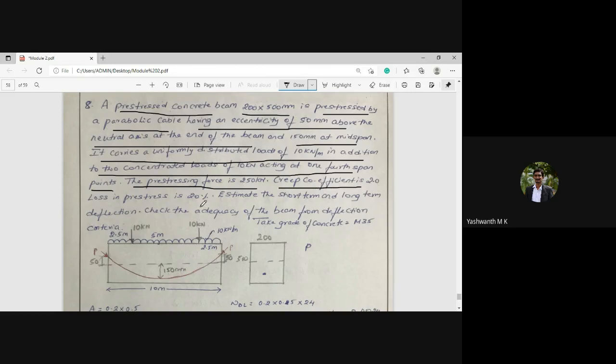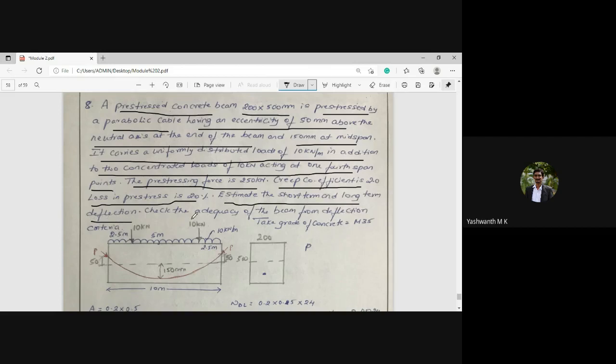Consider creep coefficient 2. Next, loss in pre-stress is 20%. That means loss has been encountered in the case of the PSC beam. For this, estimate the short-term and long-term deflection.